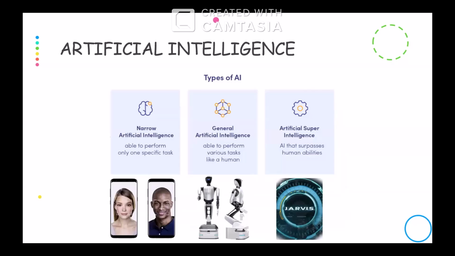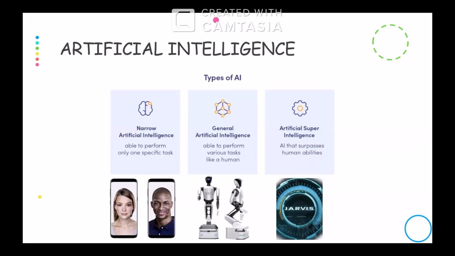And when it comes to the classification of artificial intelligence based on its capabilities, it is classified into artificial narrow intelligence, artificial general intelligence, and artificial super intelligence. The narrow intelligence is defined as the systems which are capable of performing only one specific task.